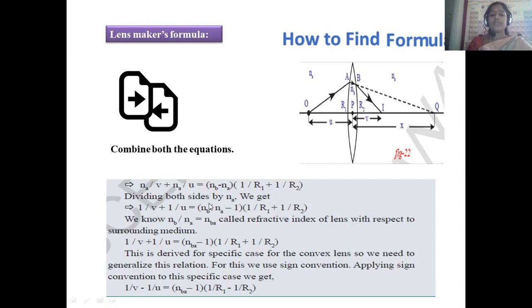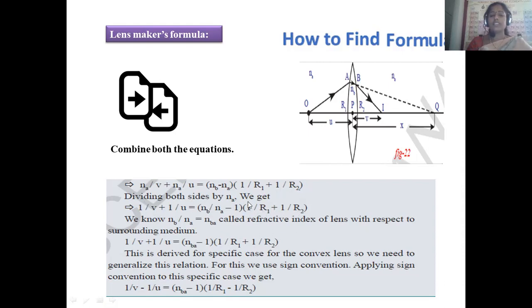Dividing both sides with NA. The NA in the numerator is divided by NA in the denominator, they cancel, and it becomes 1 by V. Plus, NA is in the numerator and we divide by NA, it cancels, and it becomes 1 by U is equal to NB by NA minus 1 into 1 by R1 plus 1 by R2.